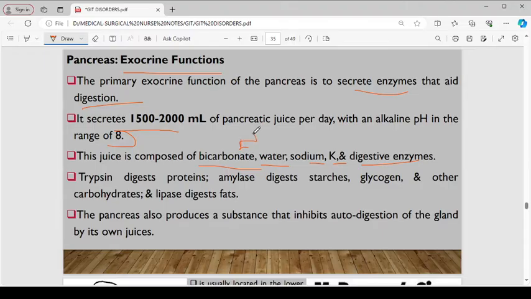We have the enzyme trypsin, which will digest proteins, and amylase, which will digest starches, glycogen, and other carbohydrates. And last, we have lipase, which will be digesting the fats. The pancreas also produces substances that will inhibit its autodigestion by its own juices.